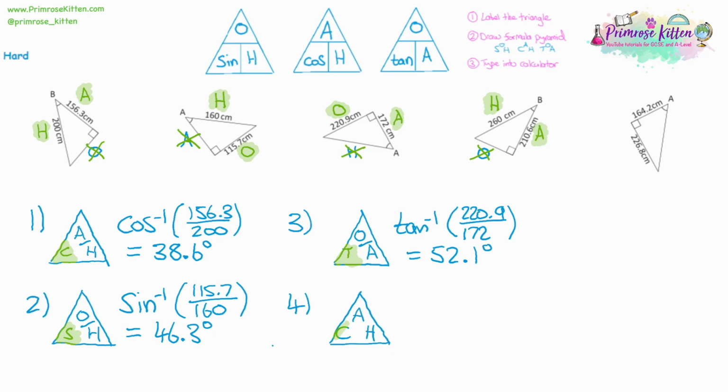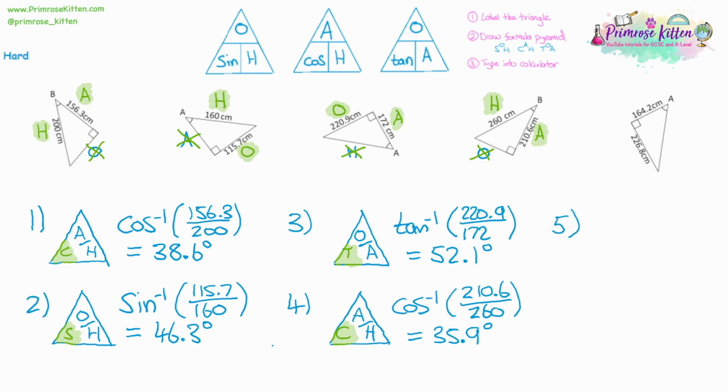We're looking for the angle, cover up the cos, it'll be A divided by H. So cos -1, the adjacent, 210.6, divided by the hypotenuse, 260, and you should get 35.9 degrees to 1 decimal place.